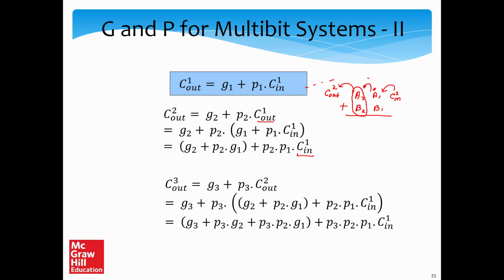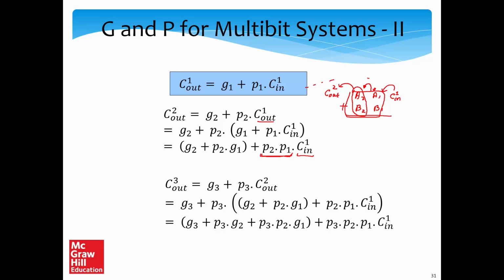So the generate function for essentially the pair of bits, right? I can think of this as one big block now. For this block, the generate function is actually G2 or P2 and G1, and the propagate function is P1 and P2, which basically means that the input carry will show up in the output if every pair of bits is propagating it.